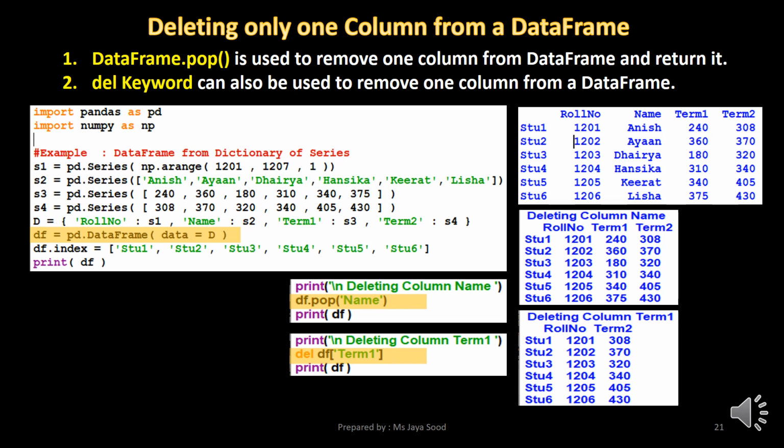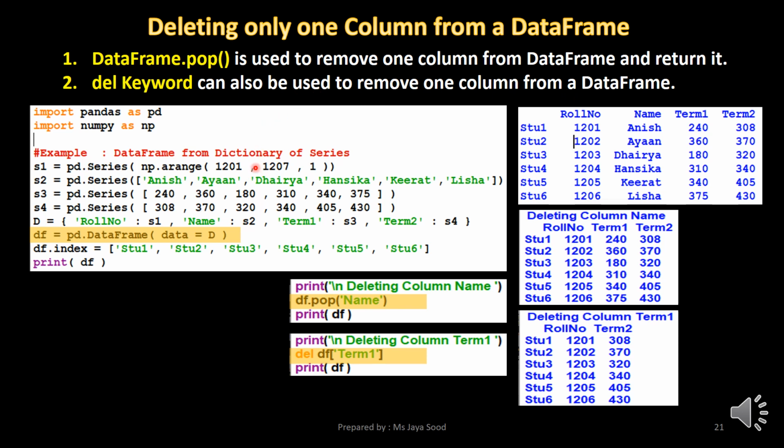Deleting only one column from a data frame. The DataFrame.pop method is used to remove one column from the data frame and return it. The del keyword can also be used to remove one column from the data frame.